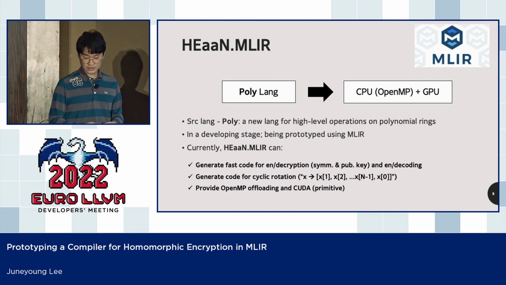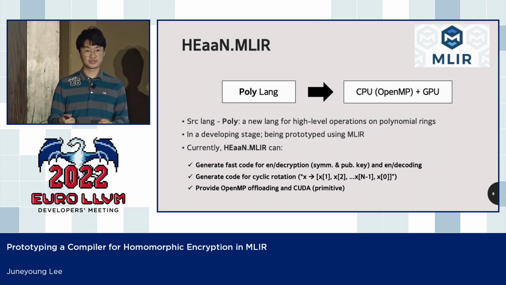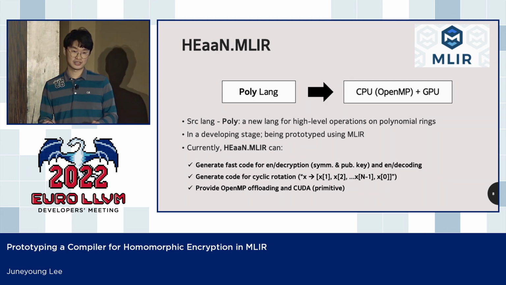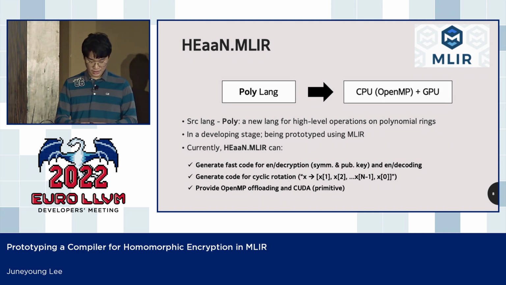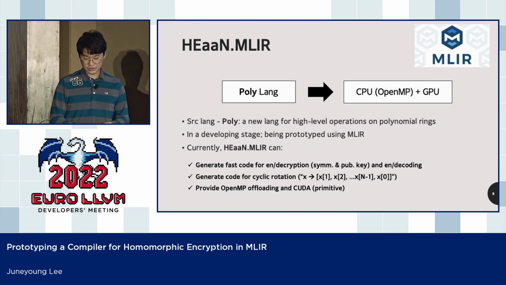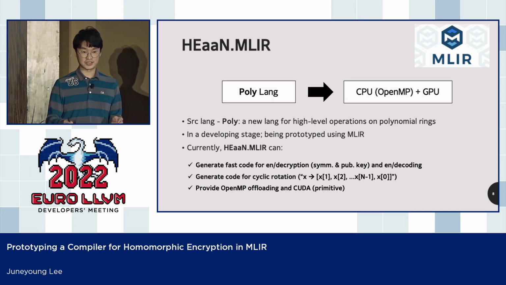But it already can generate fast code for decryption and decoding, which is very important for users because sometimes the homomorphic encryption operation itself is shorter than simply performing the encryption and decryption. And also, it can generate code for cyclic rotation, which is just shifting the elements of the message by some given amount.